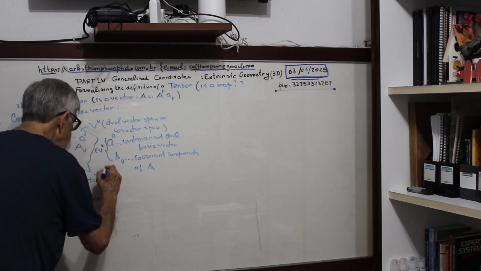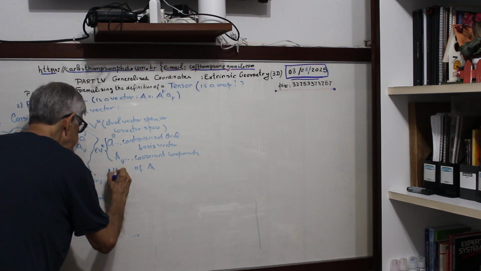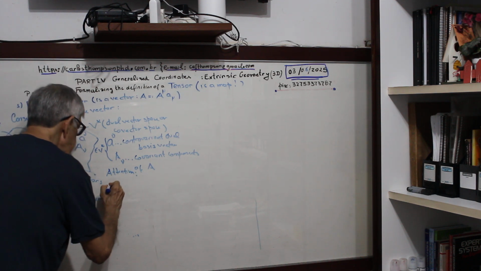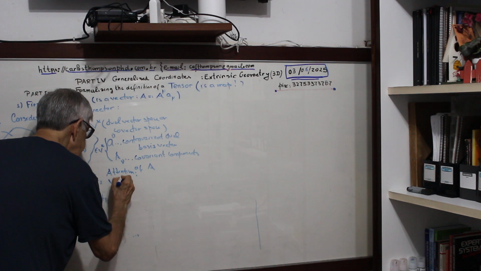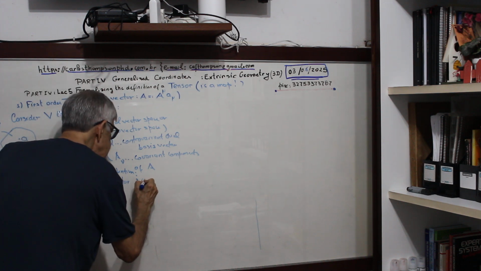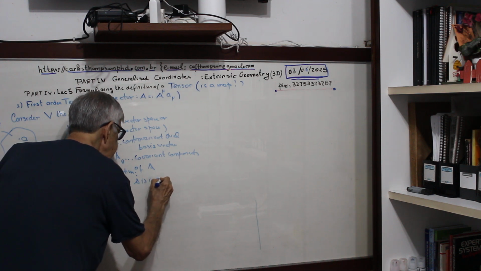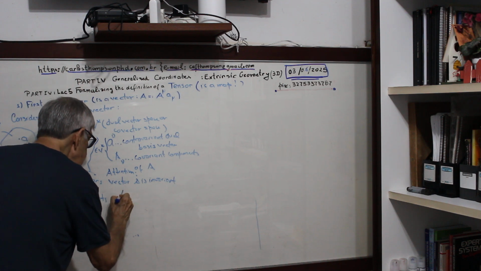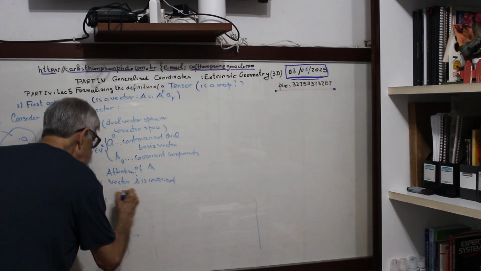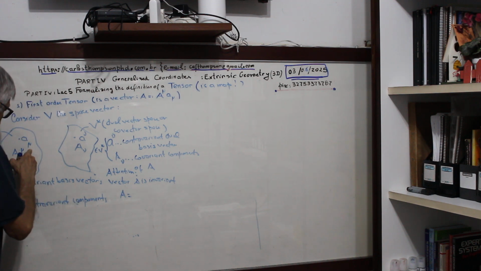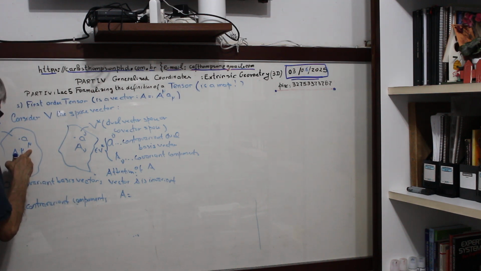Now, one thing that's very, very important is this. Attention now. Vector A is invariant. What does that mean? Vector A can be represented using this basis vector, that's covariant.